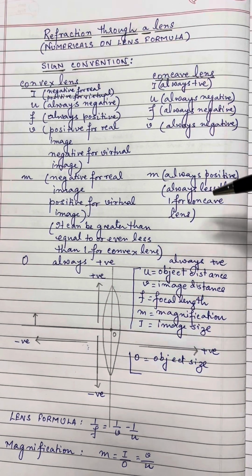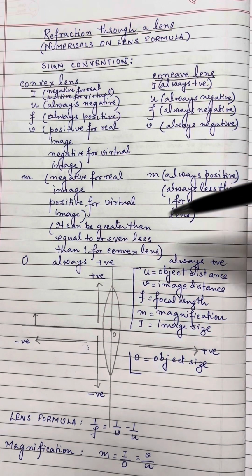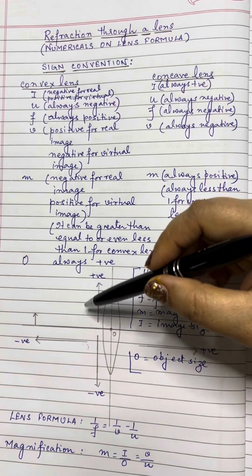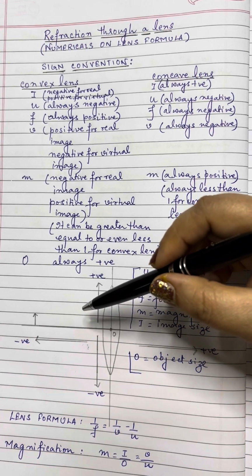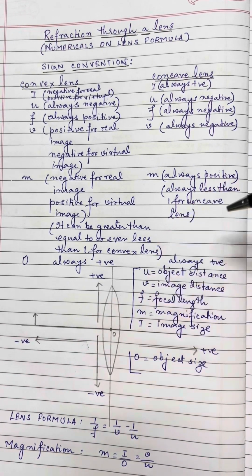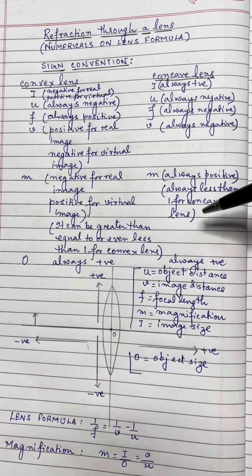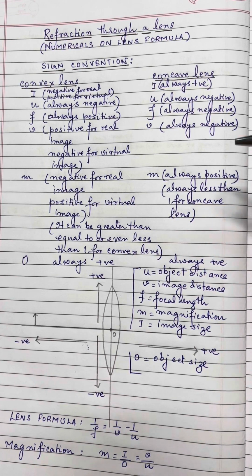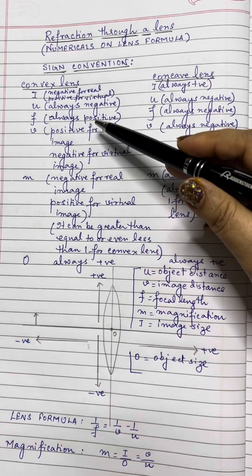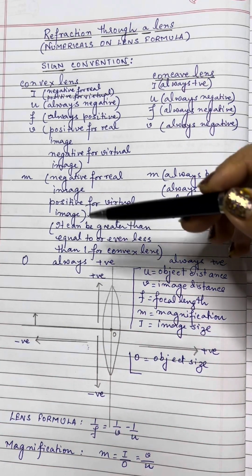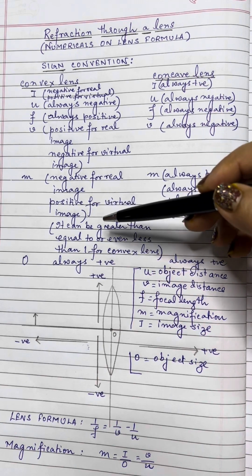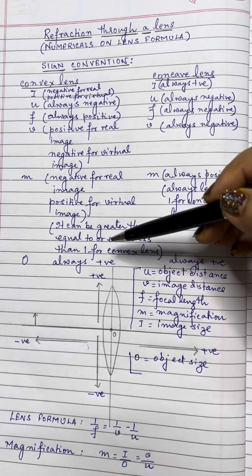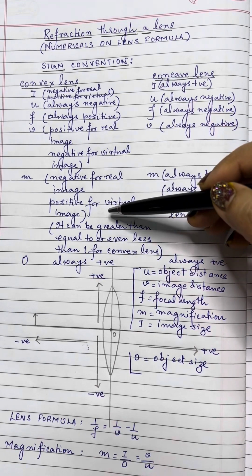Magnification for a concave lens is always positive, because it is always a virtual and erect image formed above the principal axis. And since the image size is always smaller than that of the object, the magnification is always less than 1, whereas the magnification for a convex lens can be equal to 1, greater than 1 or even less than 1 depending upon the situation.